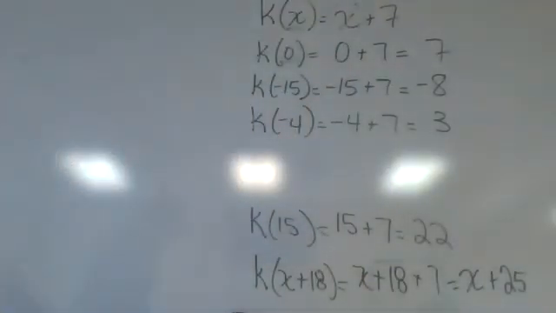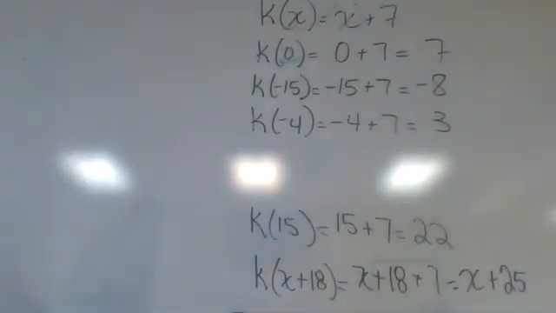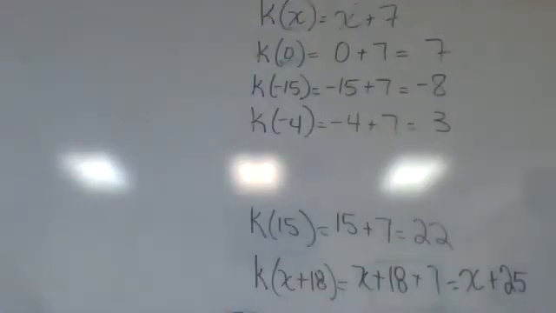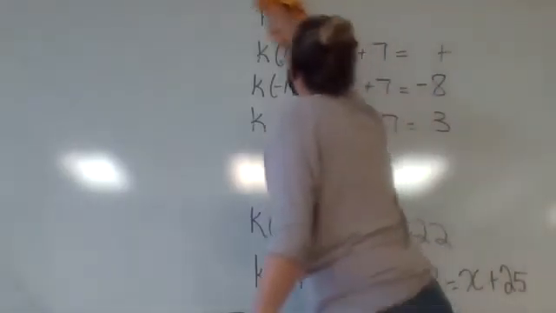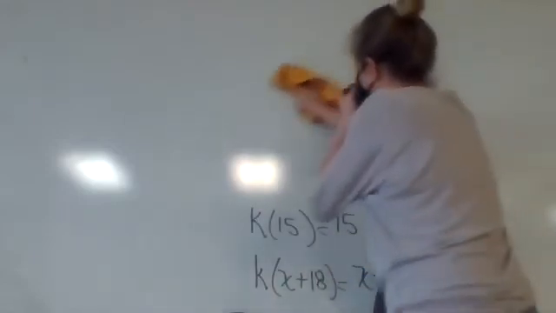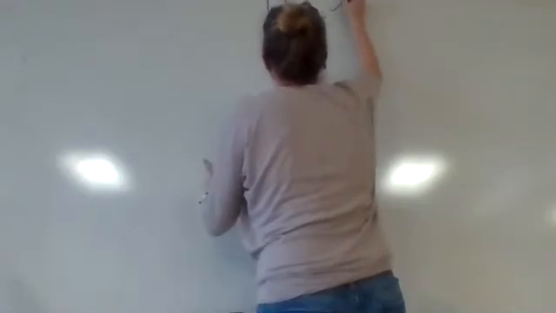Number 6 is the same kind of problem. It's just going to give me a different function. This time my function is h of w equals 9w plus 9. So just a new function.